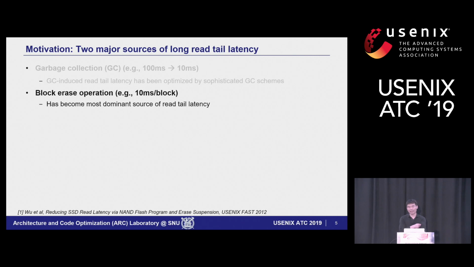Therefore, the NAND flash erase operation has become the dominant source of read tail latency. Generally, NAND flash memory cannot execute multiple commands at the same time, so if the NAND is erasing a block, a read request cannot be processed until the erase operation is completed. To solve this problem, the erase suspension scheme has been devised.